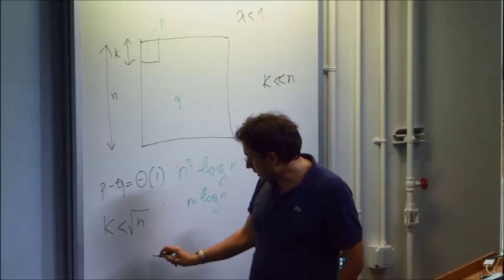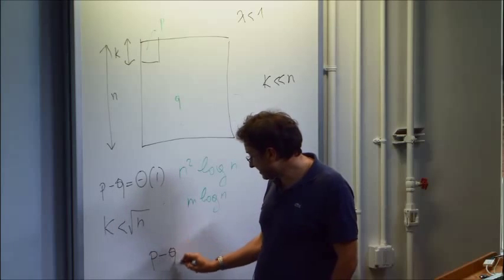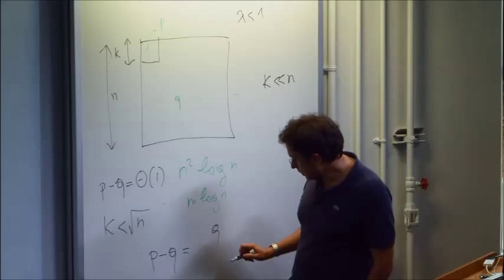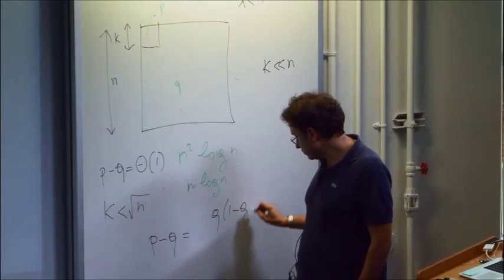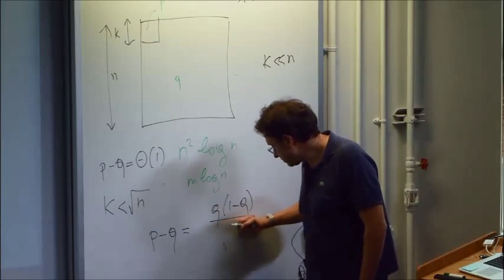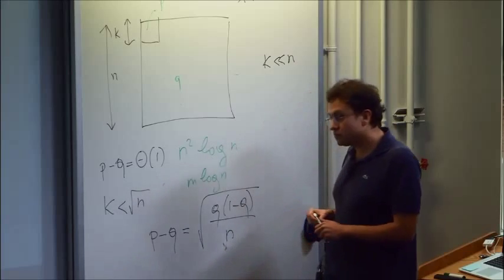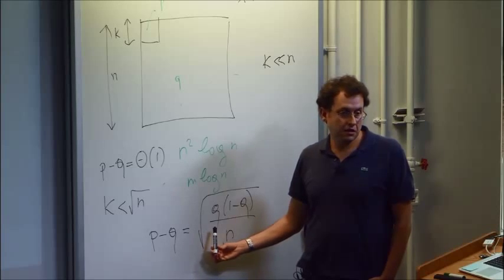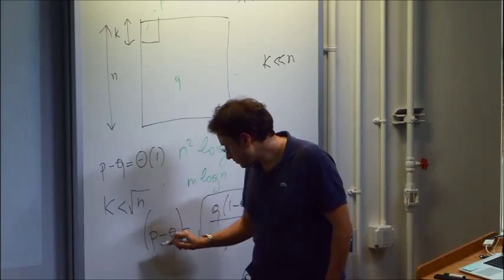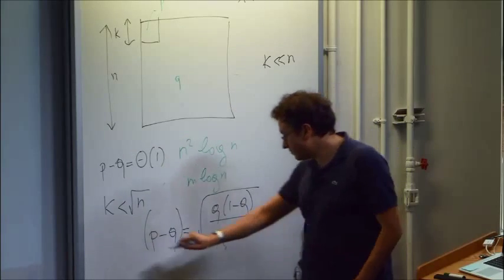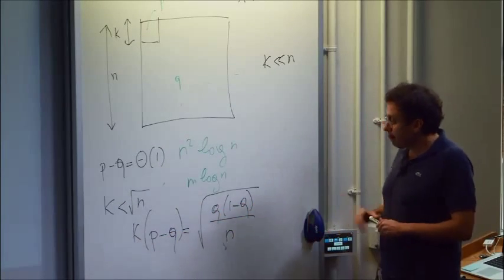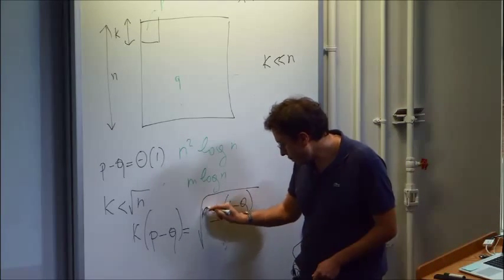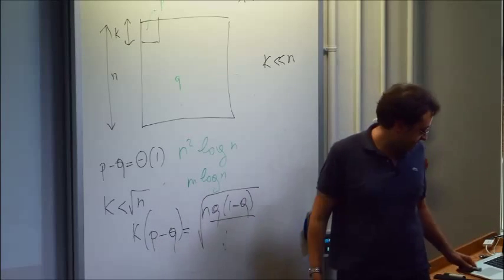So if you look at this setting, really the spectral threshold is at p minus q, that threshold turns out to be this, I think.